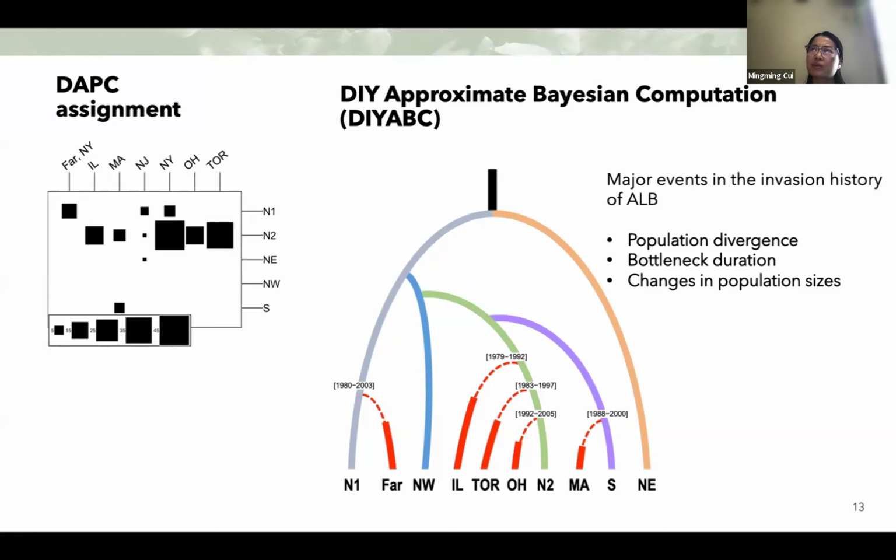So within ALB it's quite well known that the global invasion pathways are not only from China to North America. There's also spread within the invasive range, for example, between Europe and North America. But my data set doesn't cover the European samples, so I couldn't infer that.